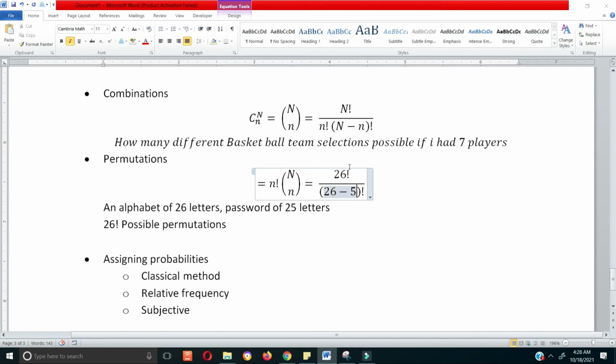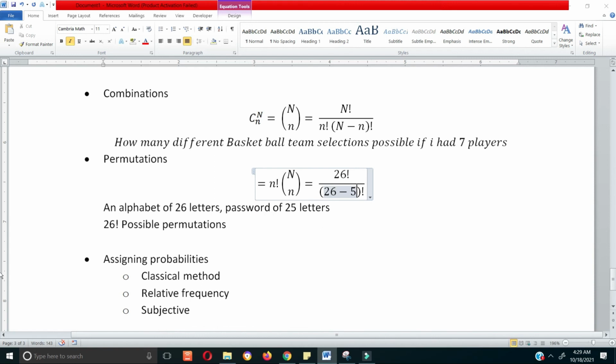So that's actually a smaller number of permutations. Which makes sense, because the longer your password, the more possible combinations you have, and the more secure it is. So maybe that's one thing for you to note in security.